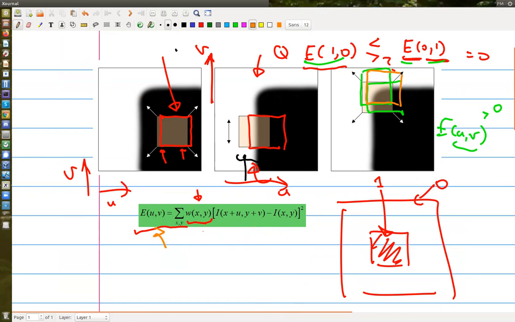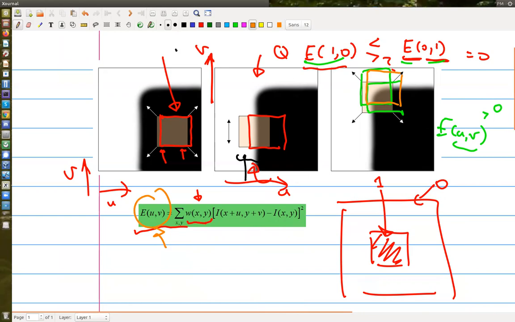But this will be computationally heavy, because for each of these XY pixels, I need to shift the patches around, compute the differences, and sum them together. Instead I can speed it up quite a bit, because I don't actually care about computing EUV in detail, I just want to see the shape of EUV.